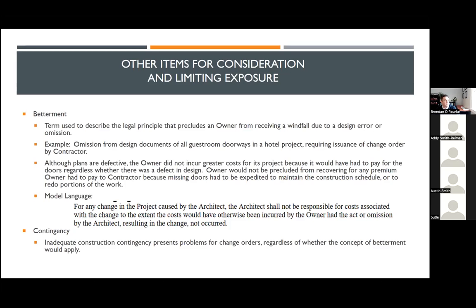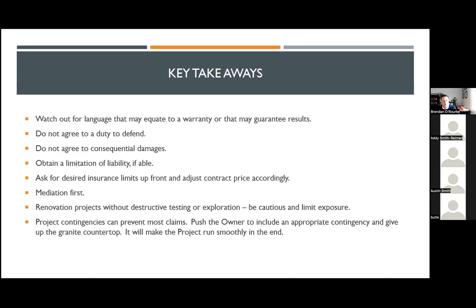So key takeaways, in my opinion, are essentially to watch out for language that may equate to a warranty or that may guarantee certain results. Do not agree to a duty to defend. Do not agree to consequential damages. Obtain a limitation of liability if possible.